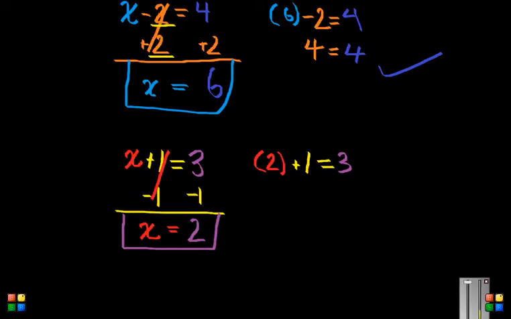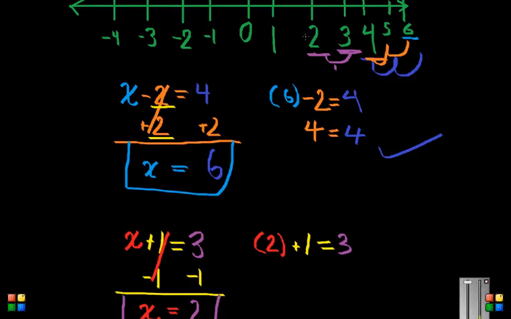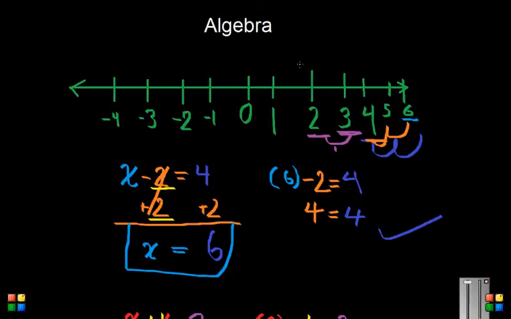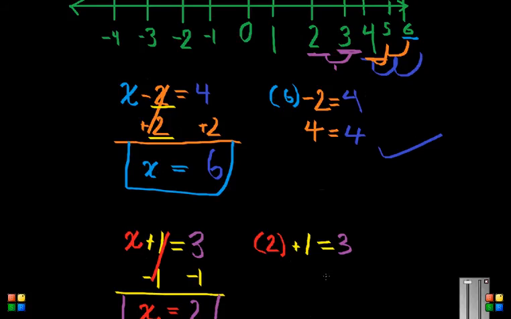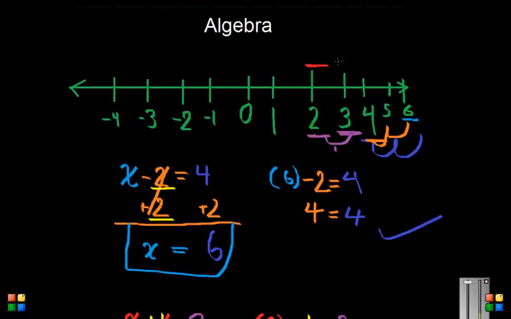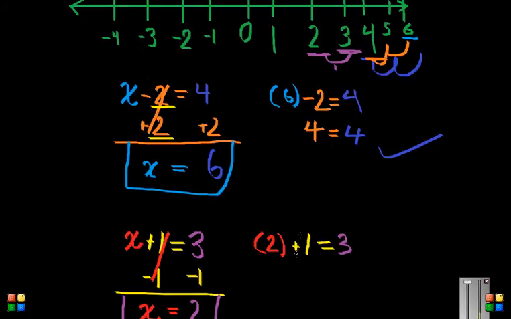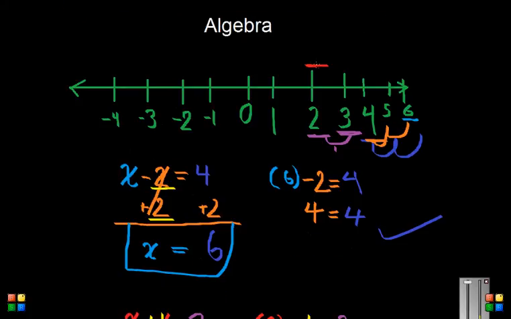Now let's see if this is true. Let's find the 2. Where is 2? Well, here is 2, right here. And we're supposed to add 1 to 2. So let's move to the right 1, because whenever you see add, you move to the right on the number line. So let's add 1.